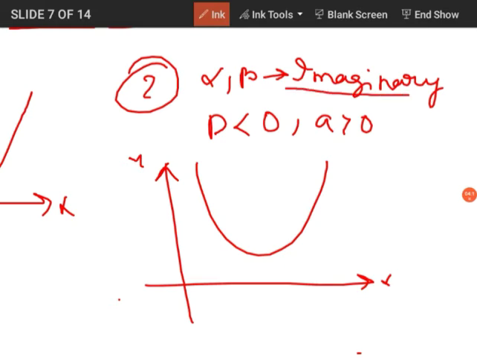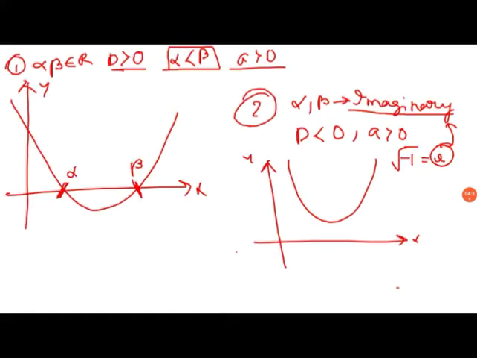The name itself says it, such numbers exist in the imagination, like root of -1, which is popularly known as iota. This is an imaginary number. I hope this one is also clear. And the last graph that we will talk about is the roots being equal.